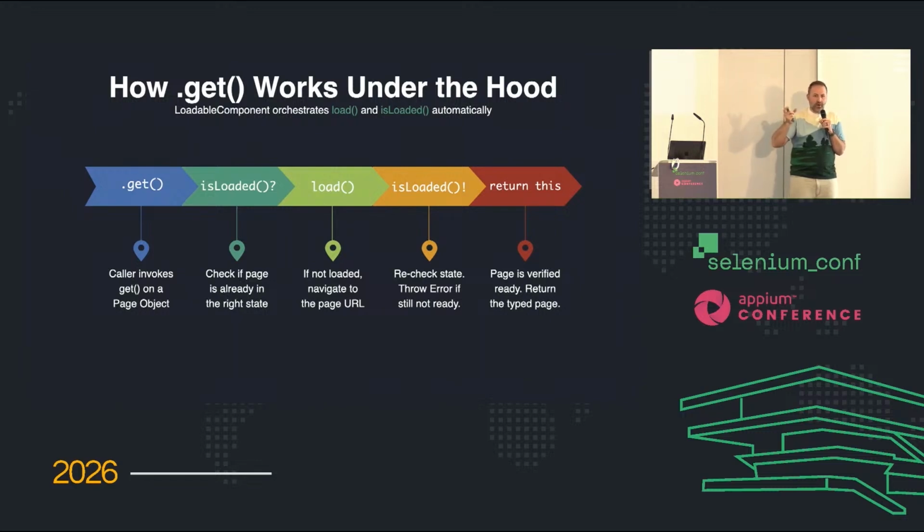The load has the URL of the page, and it retries loading the page, and then again calls isLoaded. If isLoaded is still not satisfied, only then does it throw the exception. If it's satisfied after the refresh, then it returns the object. So basically, we remove all the sleeps, waits, and stuff. We don't need to retry the test anymore because one time the load didn't happen, because in this case the page will be reloaded automatically.